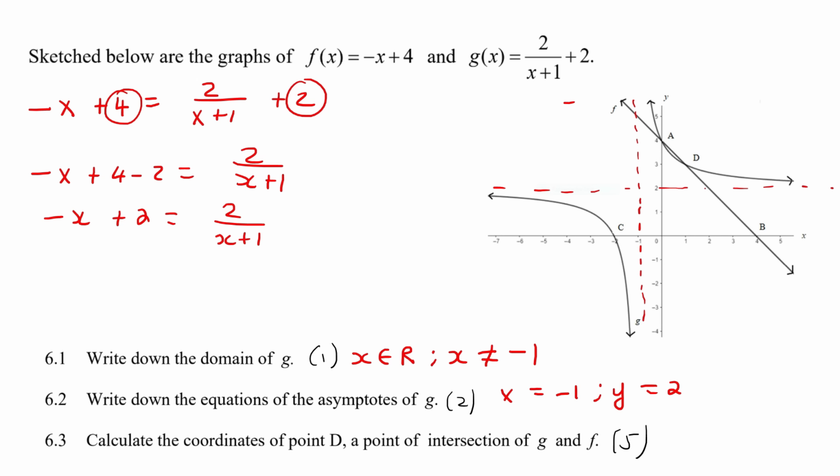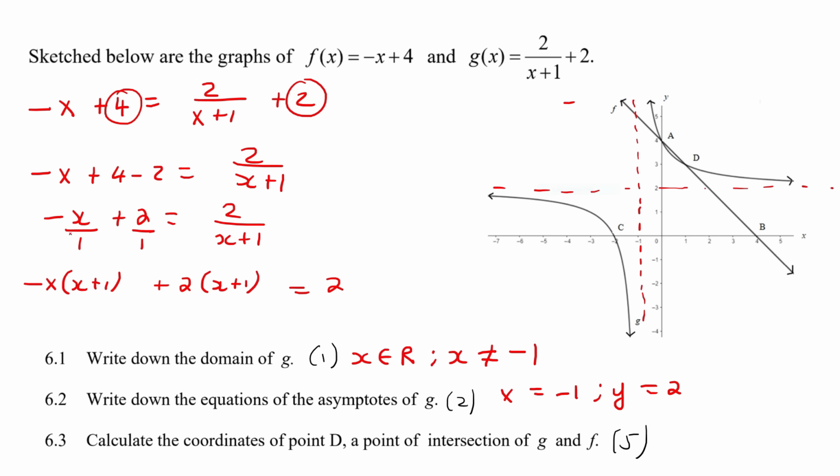Now, there's multiple ways you can think about this. But what you need to realize is that we have fractions over here, so you need a common denominator. Your common denominator will just be x plus 1. So we'll multiply everything with x plus 1 like that, and then equal to 2. You don't need to write the denominator because we have an equation.